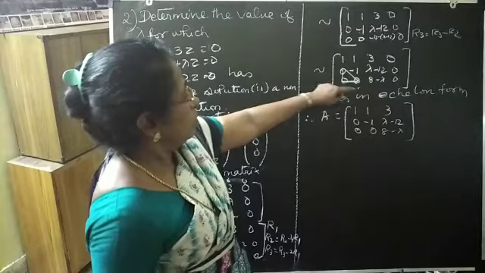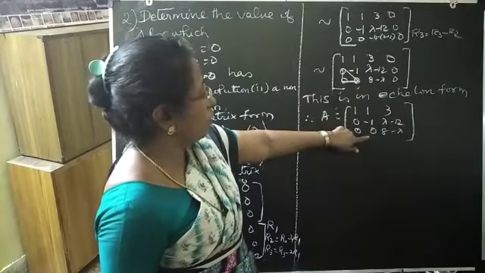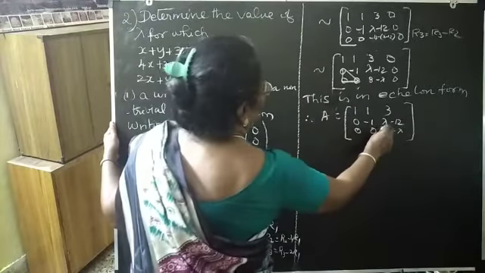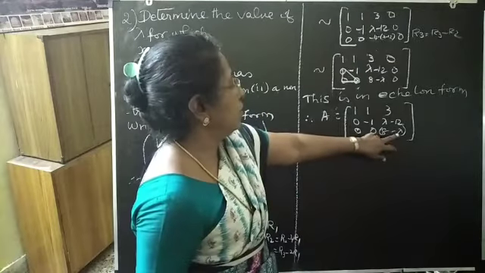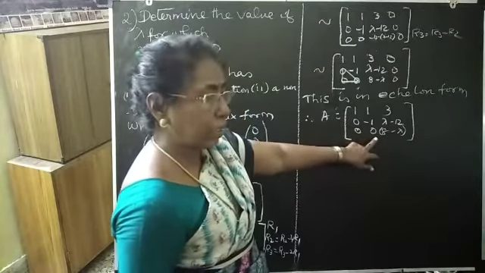Now, the rank of A will be equal to 3 if lambda is not equal to 8.